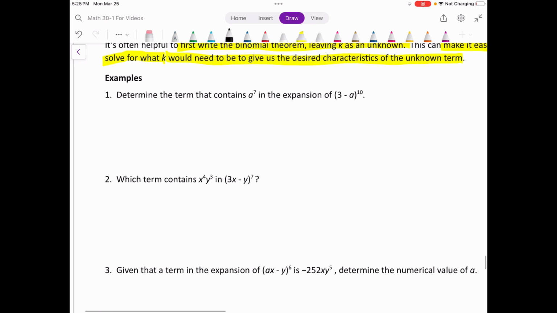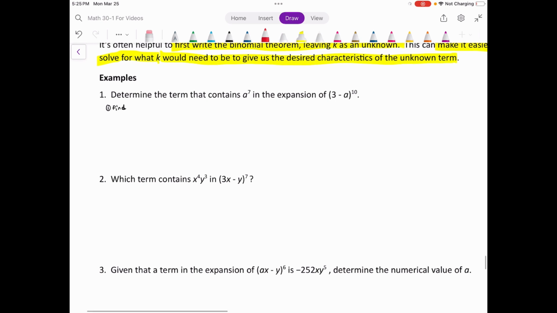But we could also just, again, jump in and say, okay, let's find k to cause a to the power of 7, right? We know that t_(k+1) will be equal to n choose k. Our n here is 10. So 10 choose k times our x, which is just 3, to the power of 10 minus k, times negative a to the power of k, right?